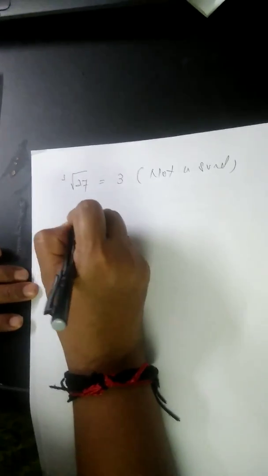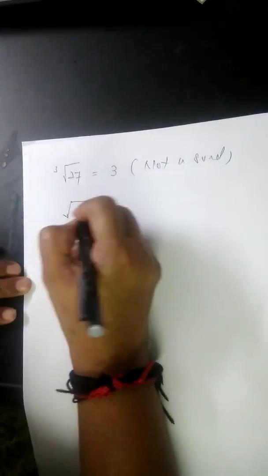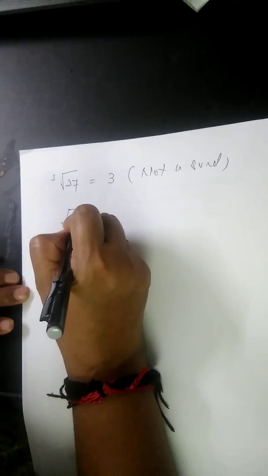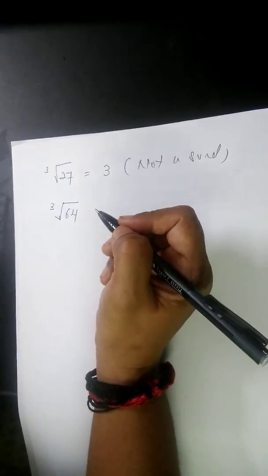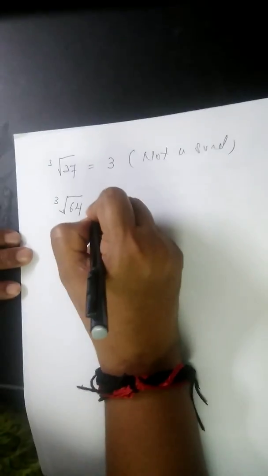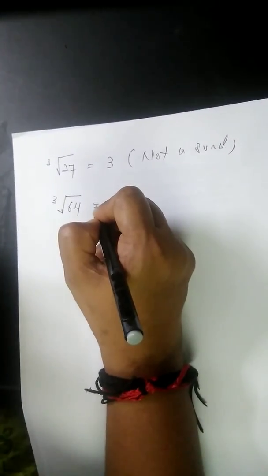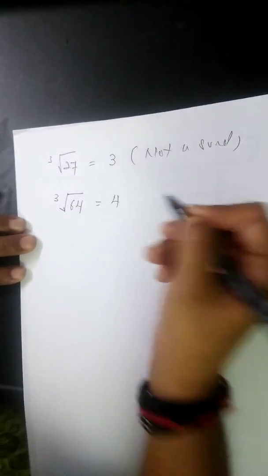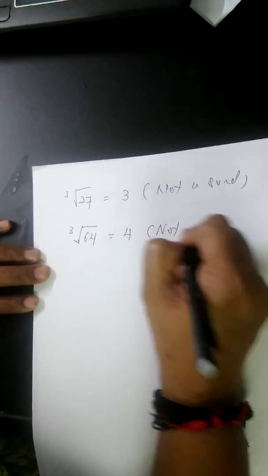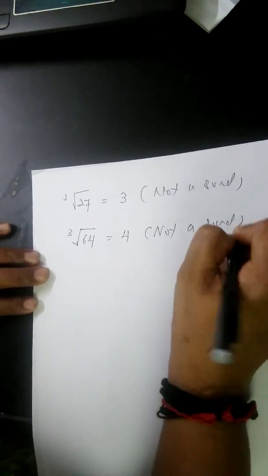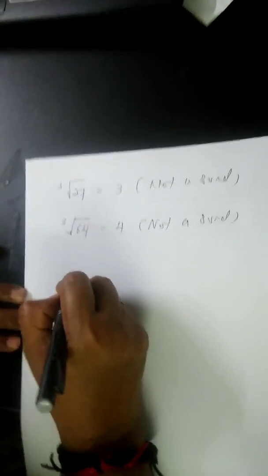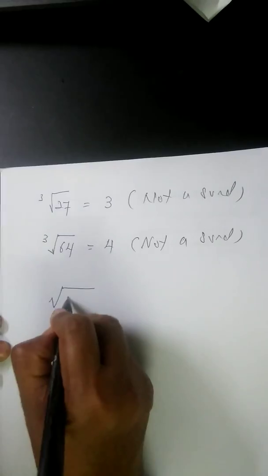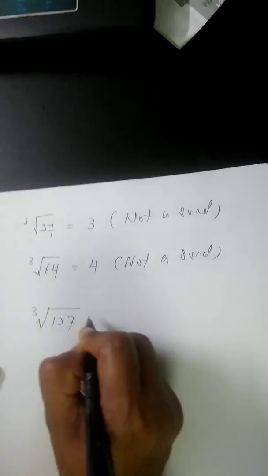Now let's say I've got cube root of 64. It becomes 4, so this is also not a surd. We try one more. Let's say cube root of 127.